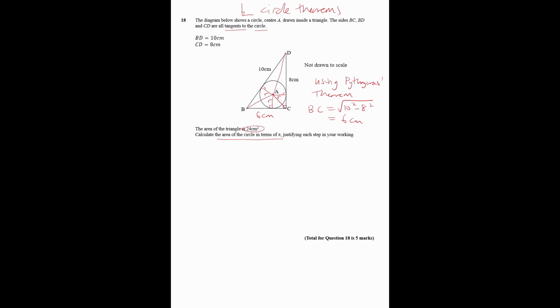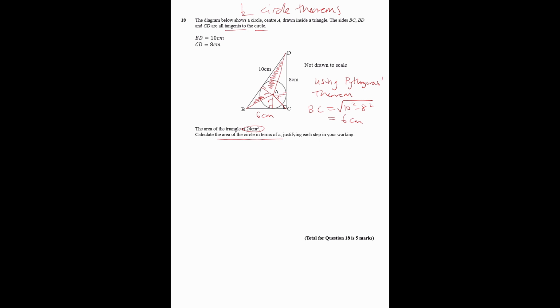So these are quite difficult to see, so I'm going to shade this one in, and I'm going to calculate the area of it. So do see that the base is 10 and the perpendicular height is r.